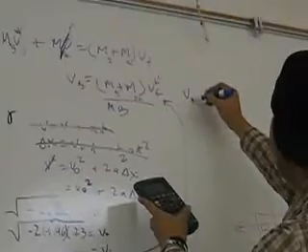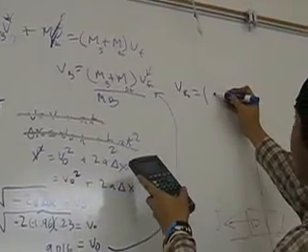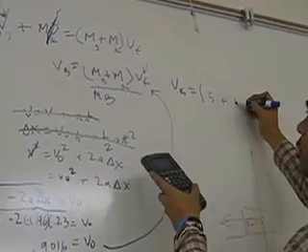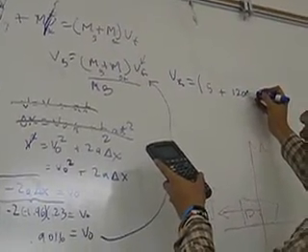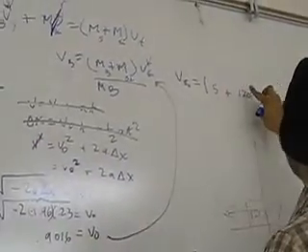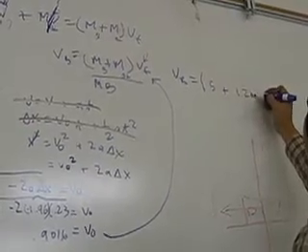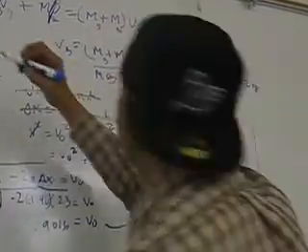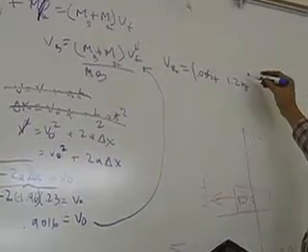So the bullet velocity equals the mass of the bullet, 5 grams, plus 1,200 grams. Oh wait, this is grams. We should use kilograms. So change that to 1.2, and change the 5 to 0.005. Good.